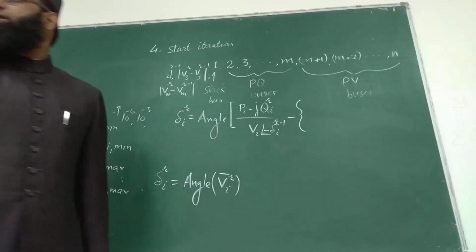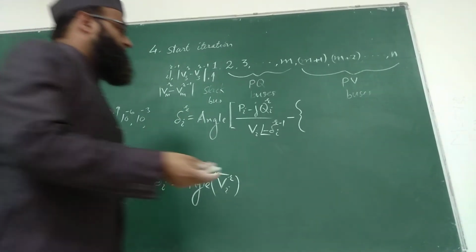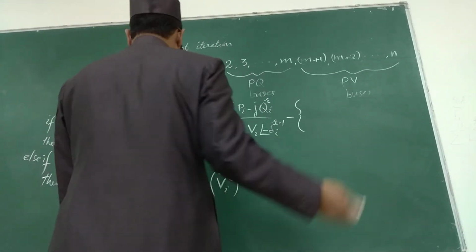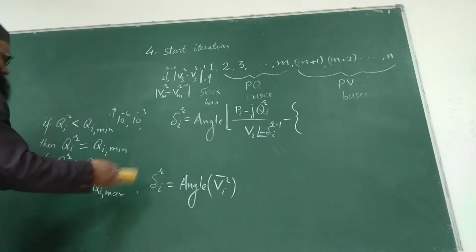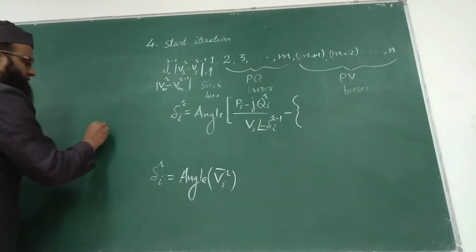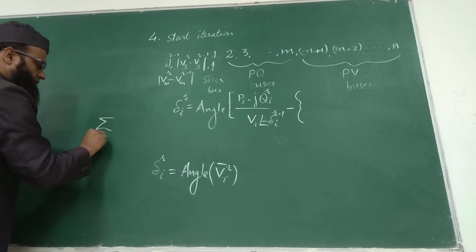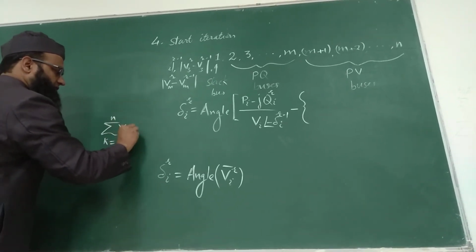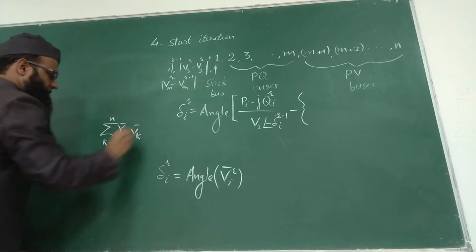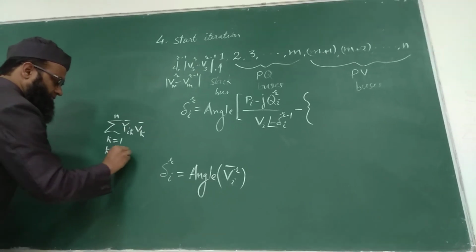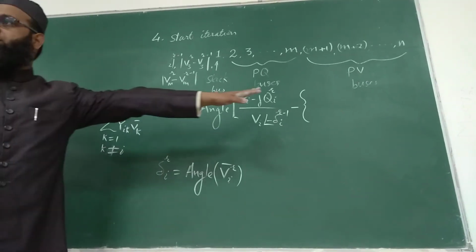So what was that? Summation, K equal to 1 to N, YIK VK, K is not equal to I, the remaining part.